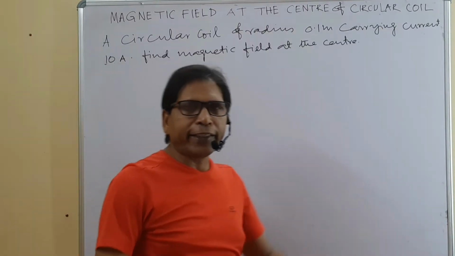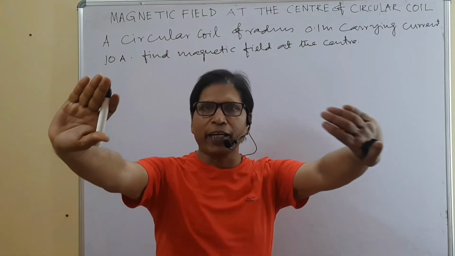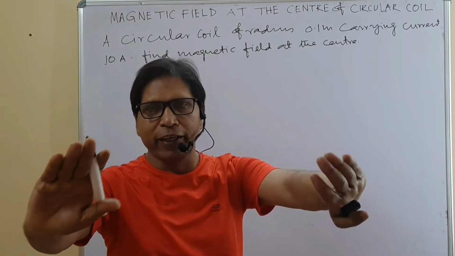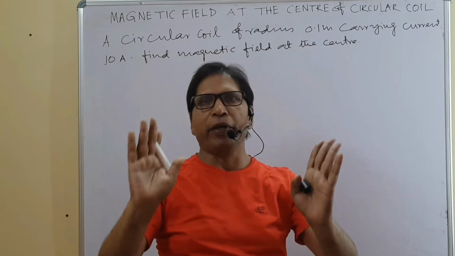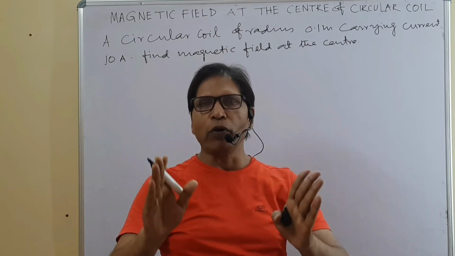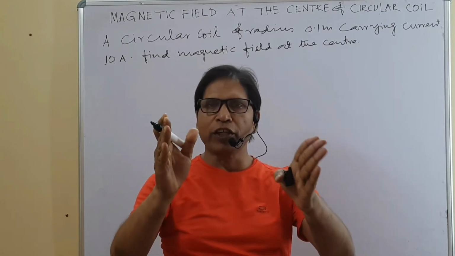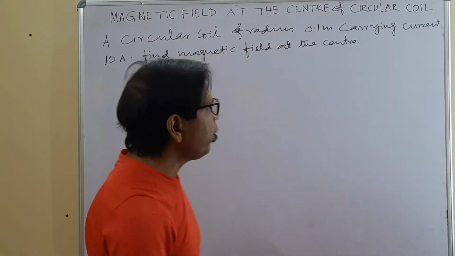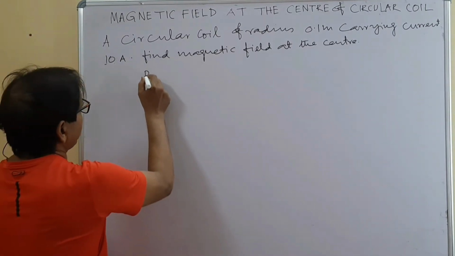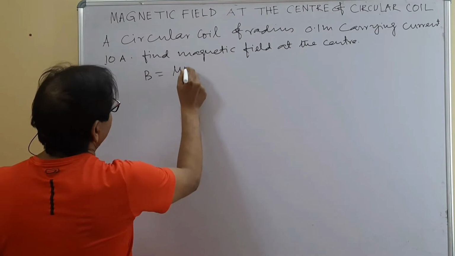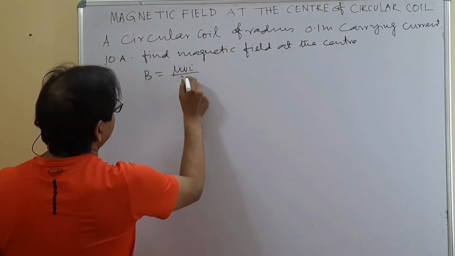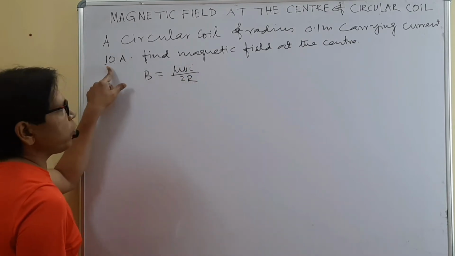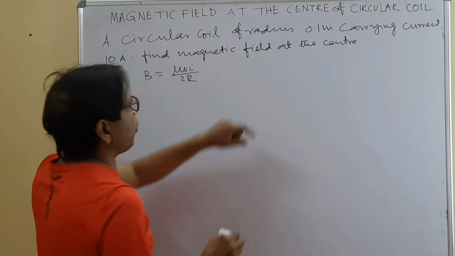Look at this. A circular coil of radius 0.1 meter carries current 10 ampere. We have to calculate the magnetic field at the center of the circular coil. Here B equals mu naught I divided by 2r. Now here I equals 10 ampere, r equals 0.1.